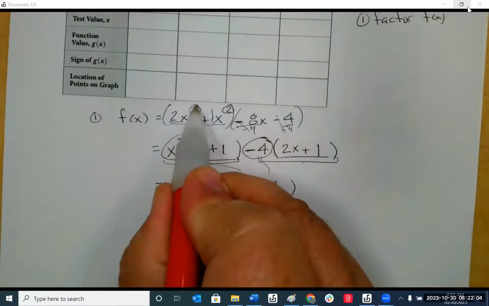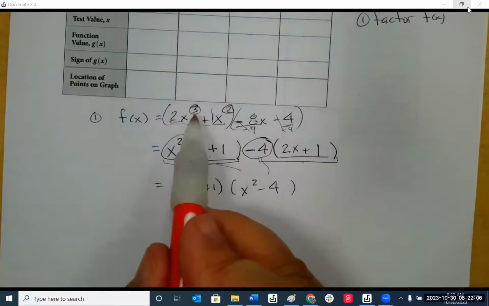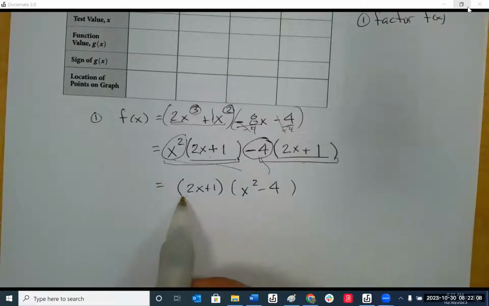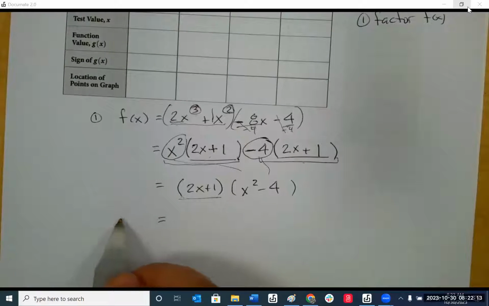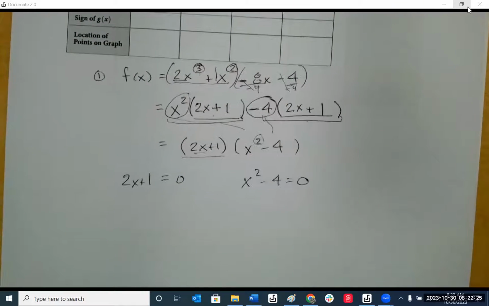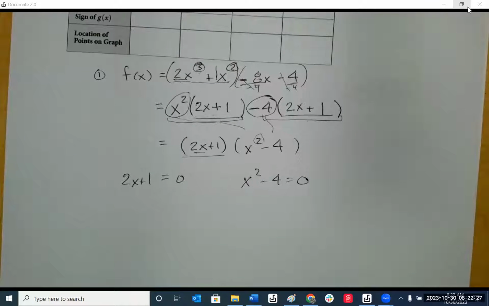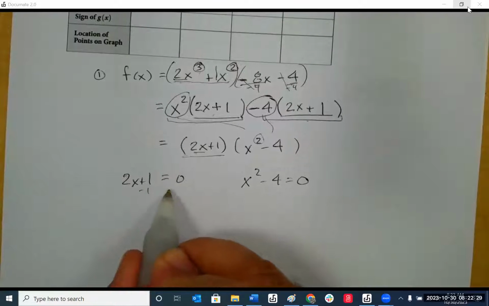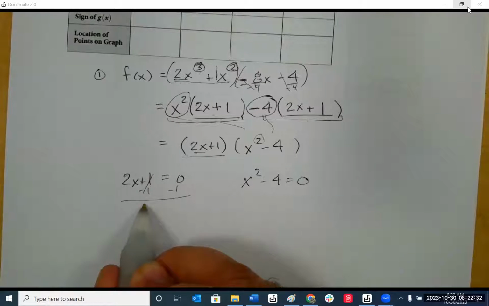Since this is a cubic function, it's got a 3 up there, we have 3 answers. Here's our first one. So now we set both of those equal to 0. So there's going to be our first answer, and this is going to be the next 2 answers. Now solve for x. Subtract by 1.